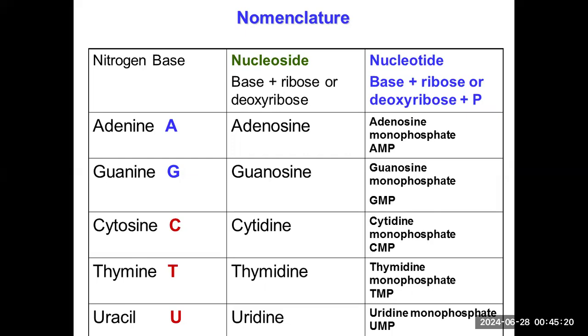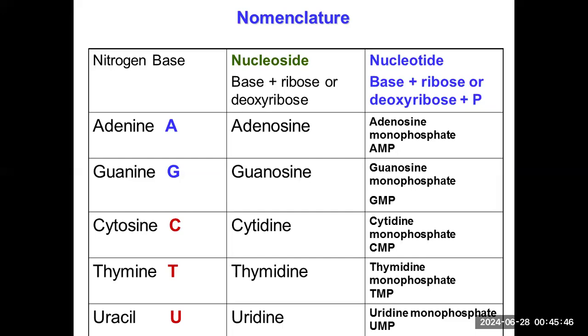For cytosine, it becomes cytidine. Thymine attached to sugar becomes thymidine, and uracil attached to sugar makes uridine. So cytidine, thymidine, and uridine are the nucleosides of pyrimidines.